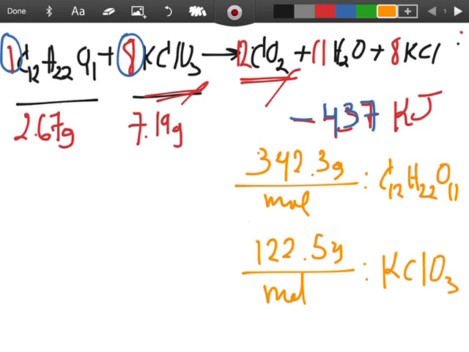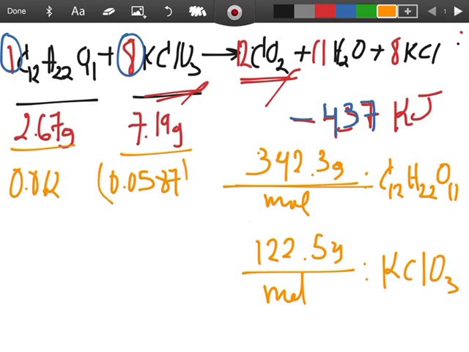Very well. So with this in mind, I will find out that these 7.19 grams are going to give me 0.0587 moles of the oxidizer. And I'm also going to get 0.062 moles, right, if I use this relation between grams and moles.